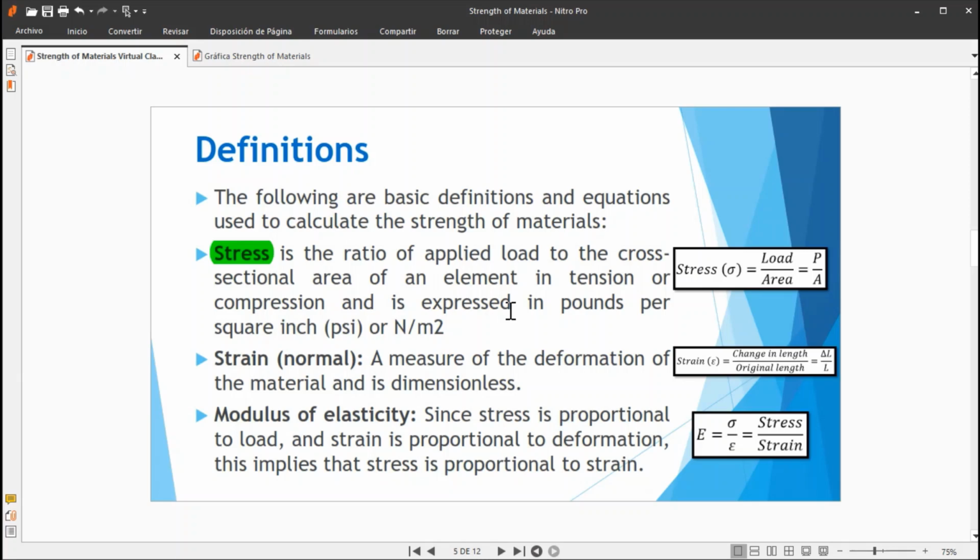Let's check the definition. It's the ratio of applied load to the cross-sectional area of an element. This is the essence of the definition, okay?